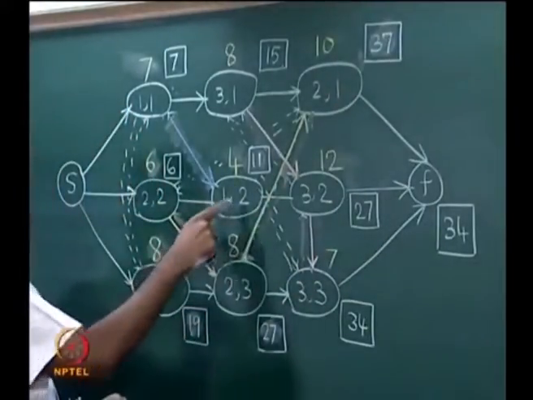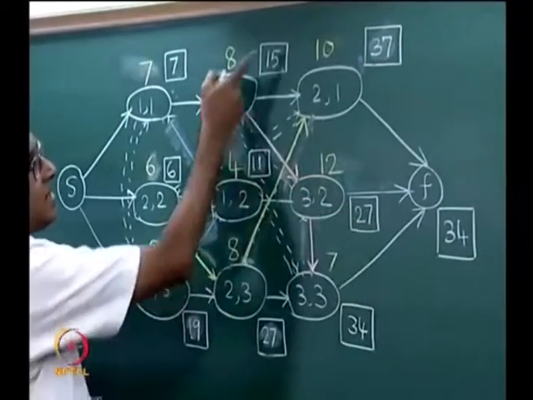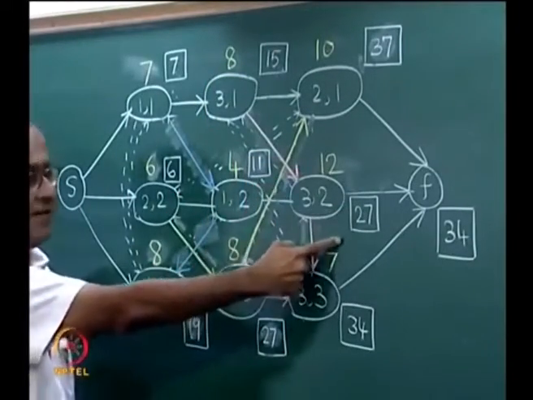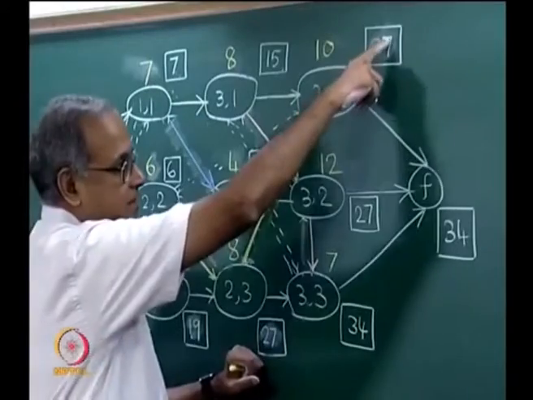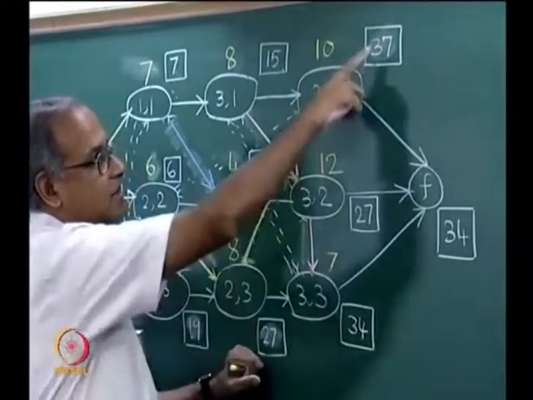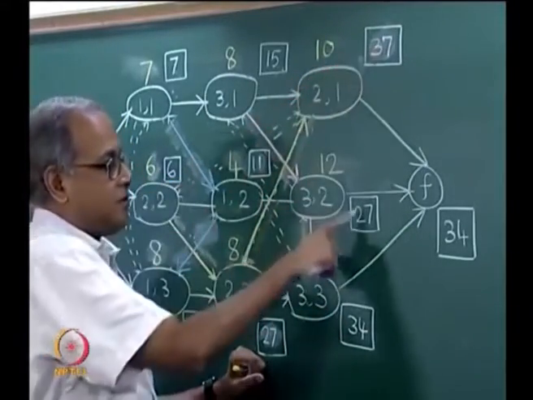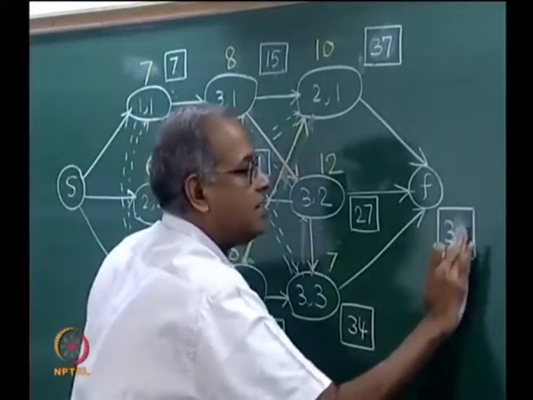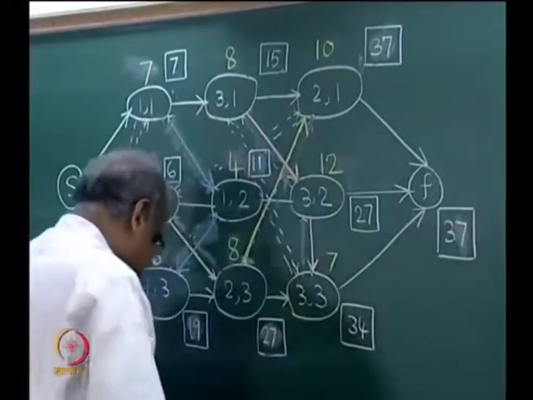Now, this one will become 11 plus 12, 23, 15 plus 12, 27. So, finally, the longest duration will be the maximum of 37, 27 and 34, and we will get a solution with 37.